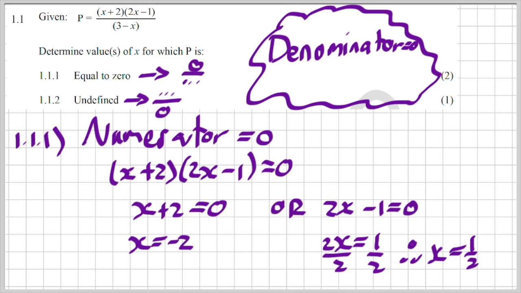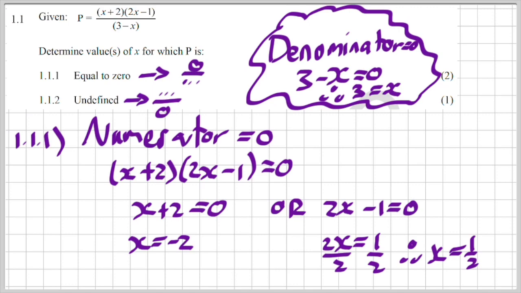Not at all. But it is the time that we are going to look at mostly. So where will this specific expression be undefined? When 3 minus x is 0. In other words, where 3 is equal to x. Simple and straightforward, ladies and gents.